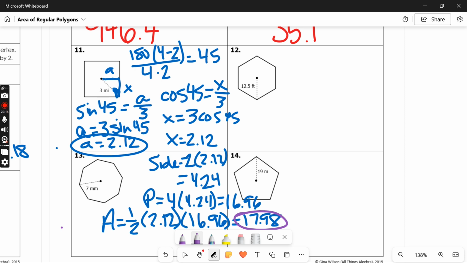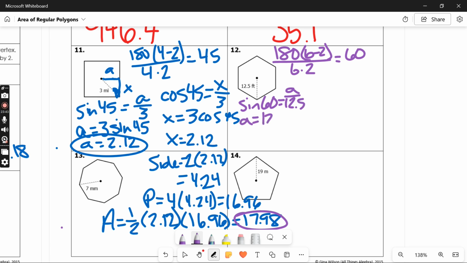Okay, so I'll do number 12. On number 12, we're going to start by finding our angle. So we're going to do 180 times 6 minus 2 over 6 times 2, which is 60. Then I'm going to find my apothem. So I'm going to do sine of 60 is A over 12.5. So A is 12.5 sine of 60, which tells me A is 10.83.